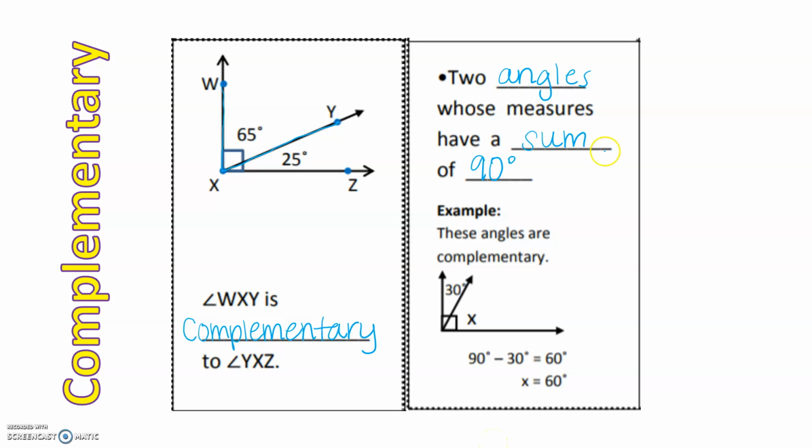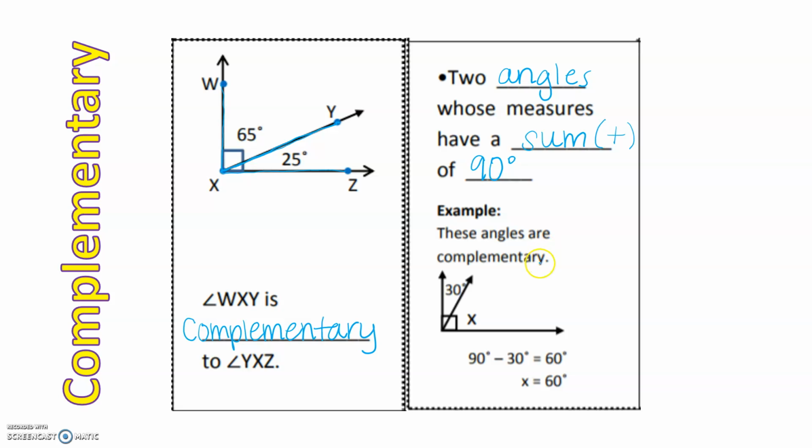When we think of the word sum, we should think of addition. So these two angles make that 90-degree angle. 65 plus 25 should add up to 90, and it does, obviously.